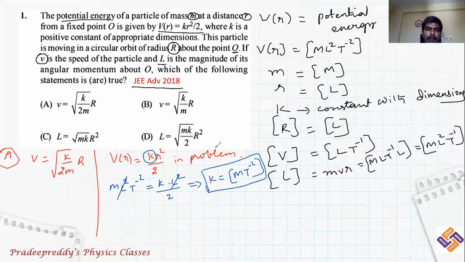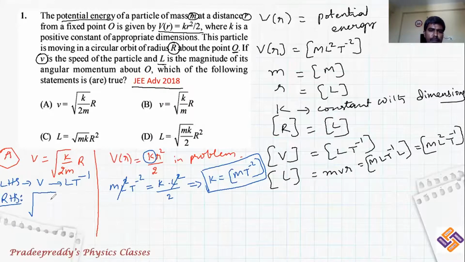Okay. All dimensions in this equation we know. Now check the left hand side. What is V? We have dimension L T power minus 1. V is velocity, no? Velocity dimension L T power minus 1. Now check the right hand side. Right hand side we have under root K by 2m into R. So that is under root. What is K?